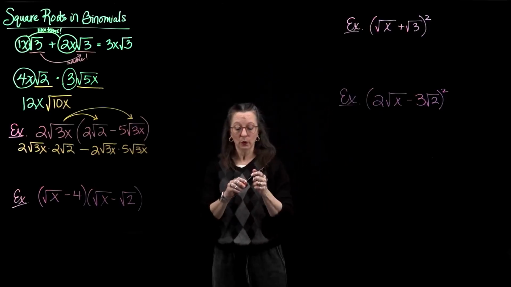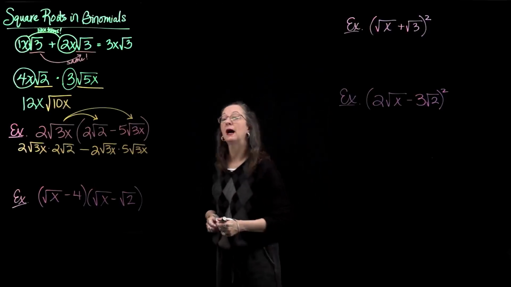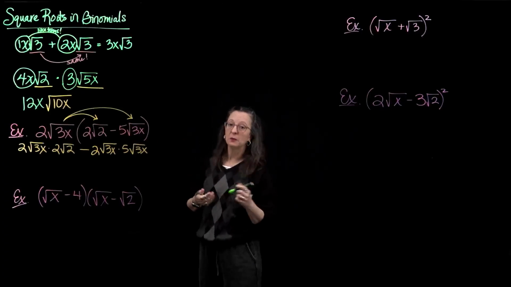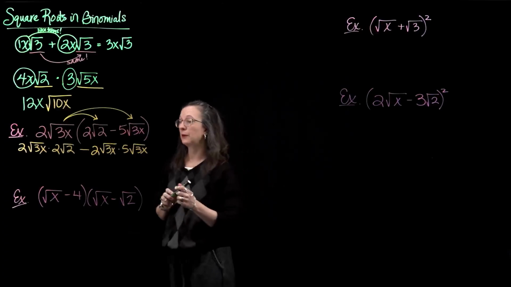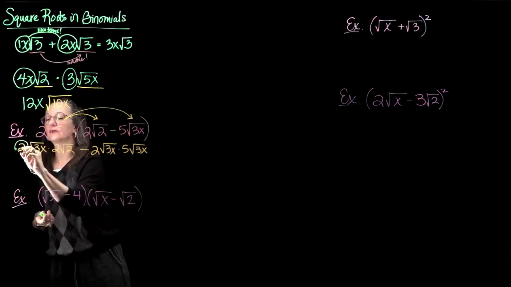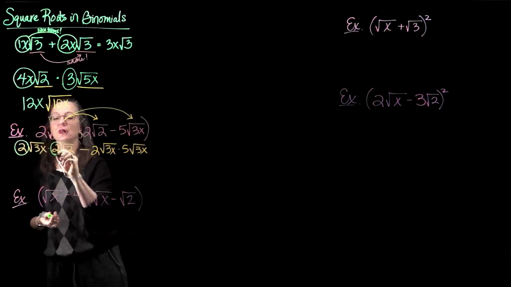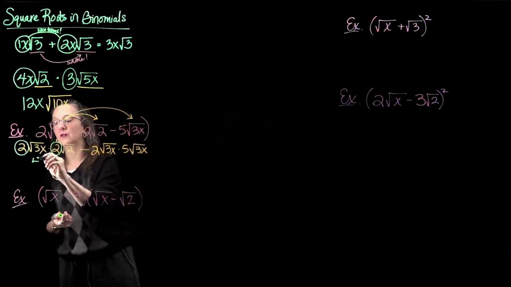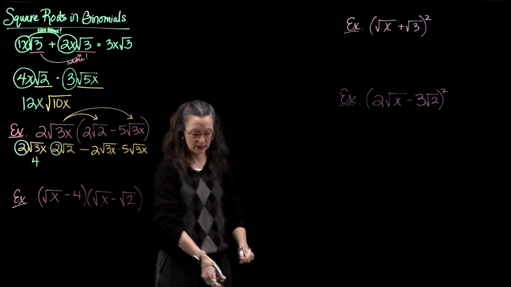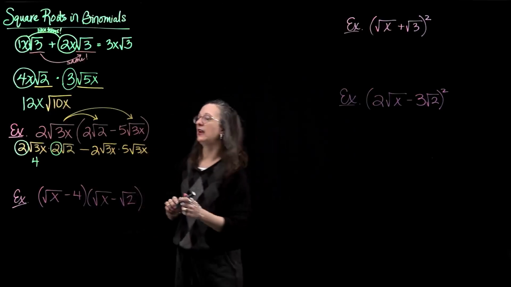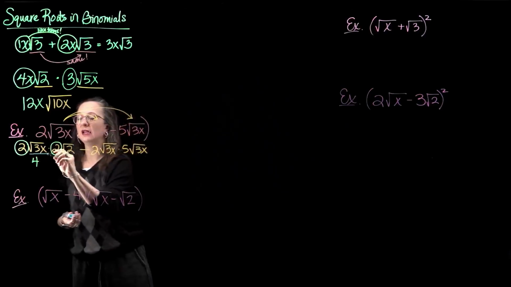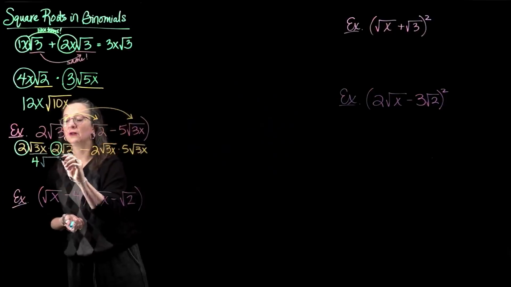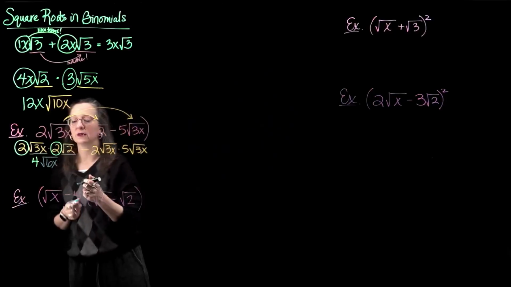Now, in each group, we want to combine the outside piece, the coefficient piece, and combine the square root piece separately. So on this first one, I have 2 and 2, which are my coefficients. I'll multiply those together to make 4. And then I have a square root of 3x and a square root of 2, which I'll combine together to make a square root of 6x.